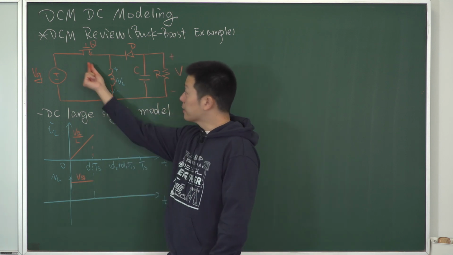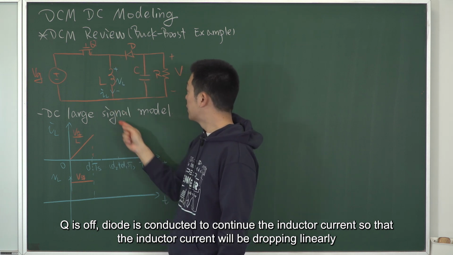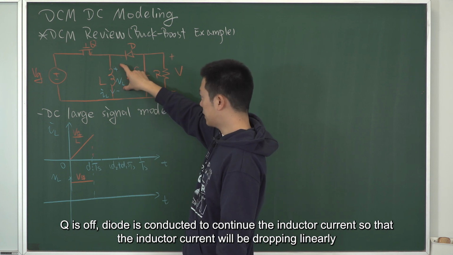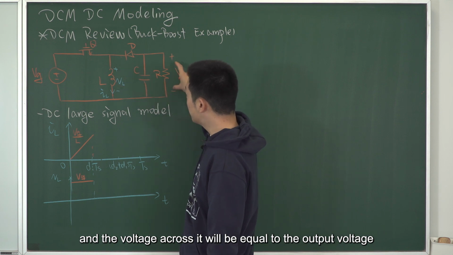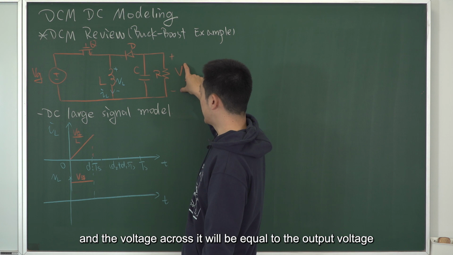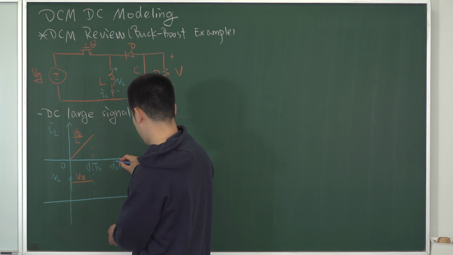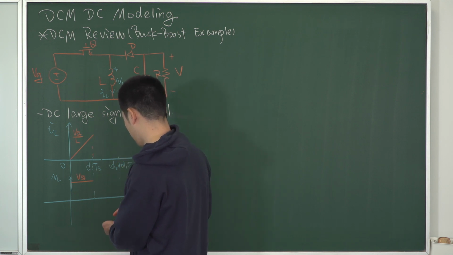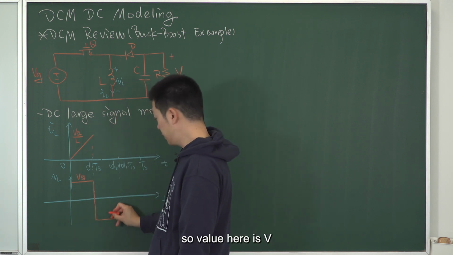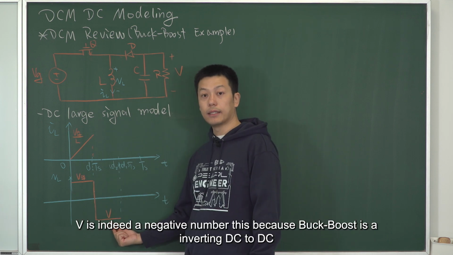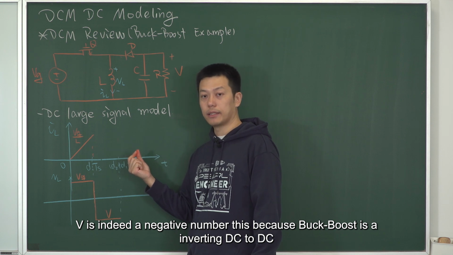In mode 2, Q is off. The diode conducts to continue the inductor current so that the inductor current will be dropping linearly. And the voltage across it will be equal to the output voltage, right? D is on, so the voltage equals the output voltage. So the value here is V. V is indeed a negative number, because buck boost is an inverting DC to DC converter.